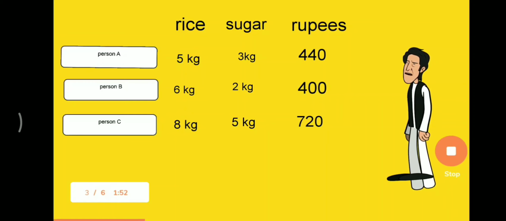Person A buys 5 kilograms of rice and 3 kilograms of sugar and pays rupees 440. Person B buys 6 kilograms of rice and 2 kilograms of sugar and pays rupees 400. Person C buys 8 kilograms of rice and 5 kilograms of sugar and pays 720.